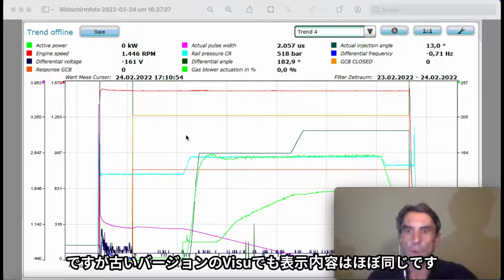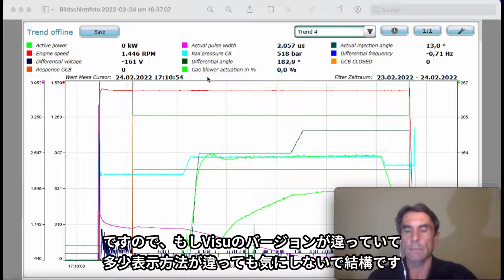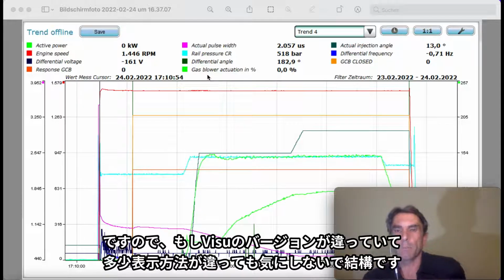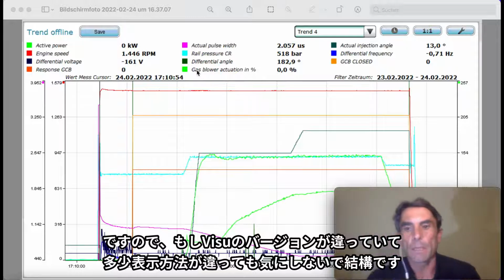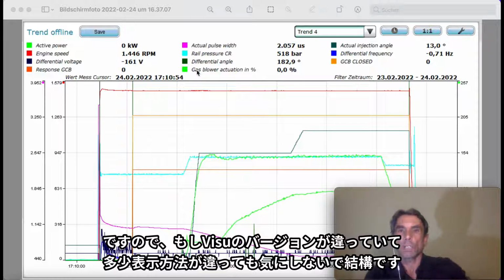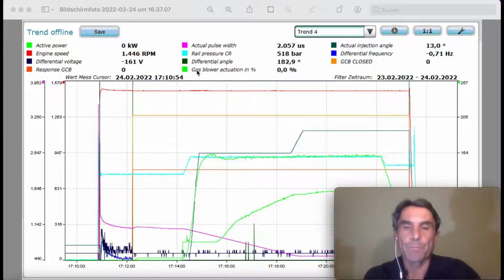But the content of the values are the same as the older version, only the diagram looks a little bit different, but the values are all the same. So all the content and value functions are exactly the same. It's only the point of how it's shown in the visualization.